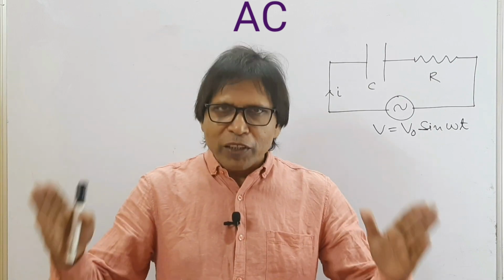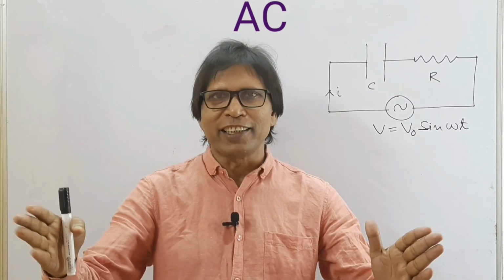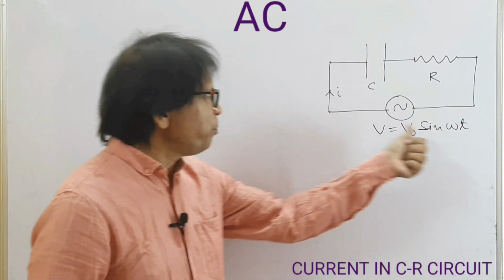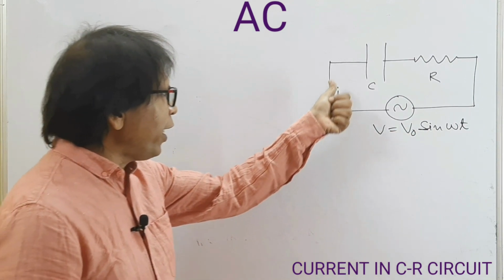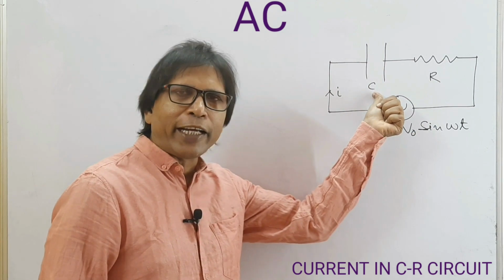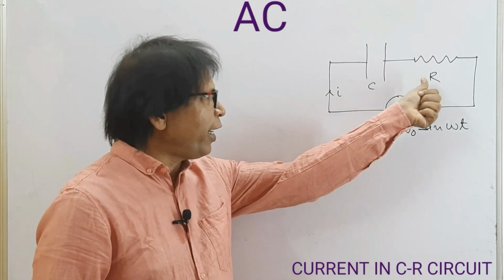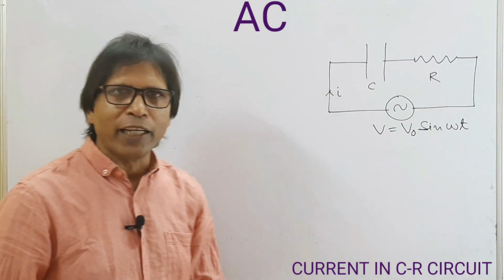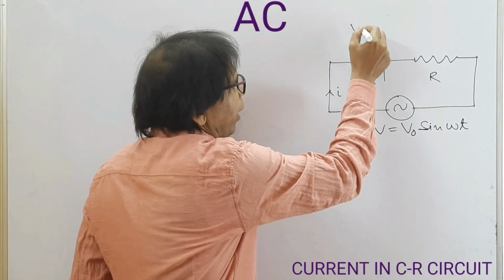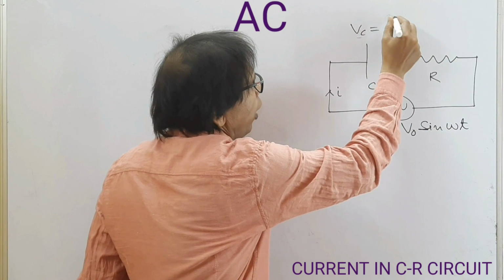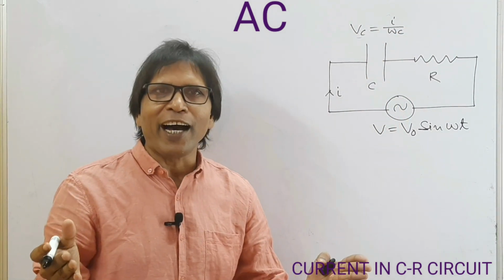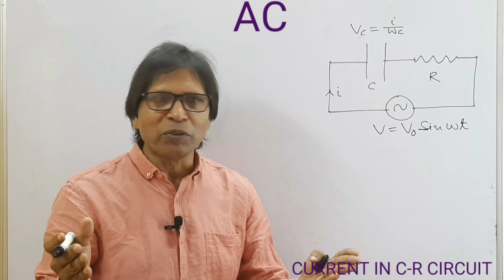Okay. Now current through RC series circuit. Suppose V equals V naught sin omega t is applied in a circuit containing capacitance C and resistance R. The instantaneous current be I. So voltage drop across the capacitor VC equals I by omega C, and lags behind the current by pi by 2.